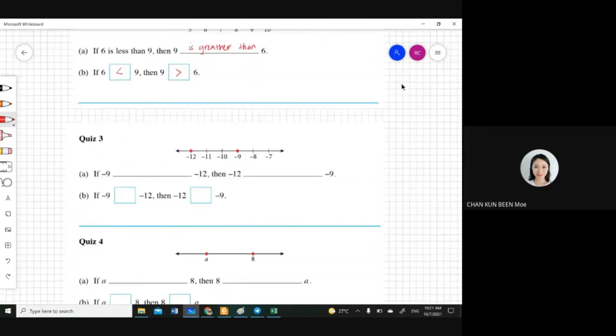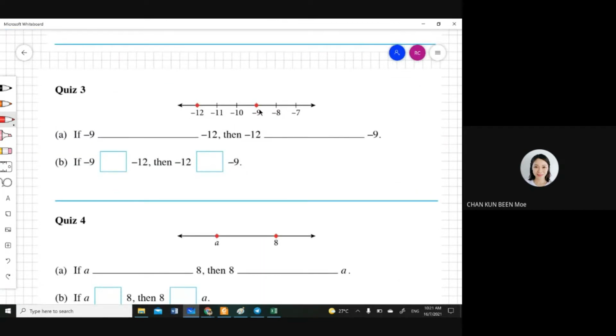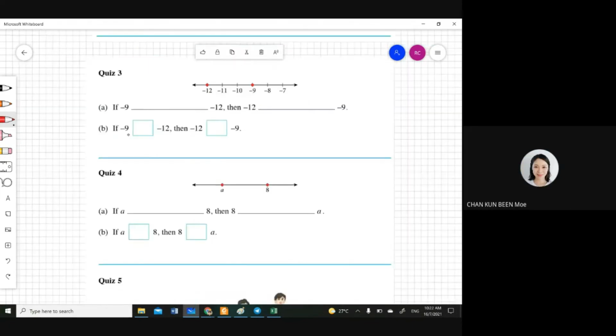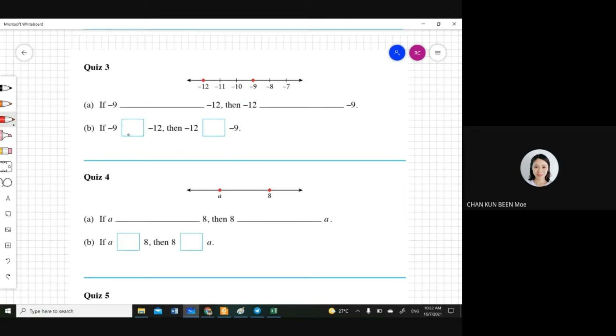Most of you can answer this. Now we continue with quiz 3. We have negative 12 and negative 9. From the number line, which one is bigger? Negative 9. It's on the right, so it's greater. So negative 9 is greater than negative 12.